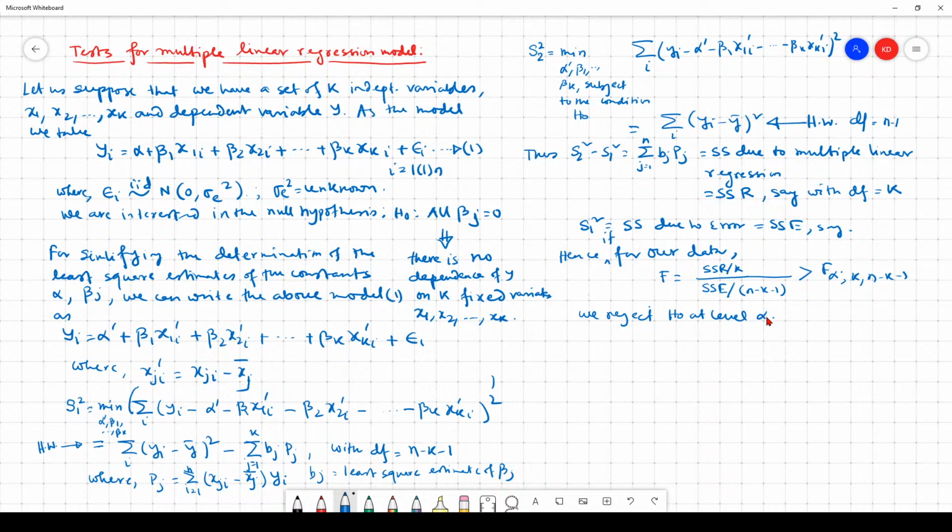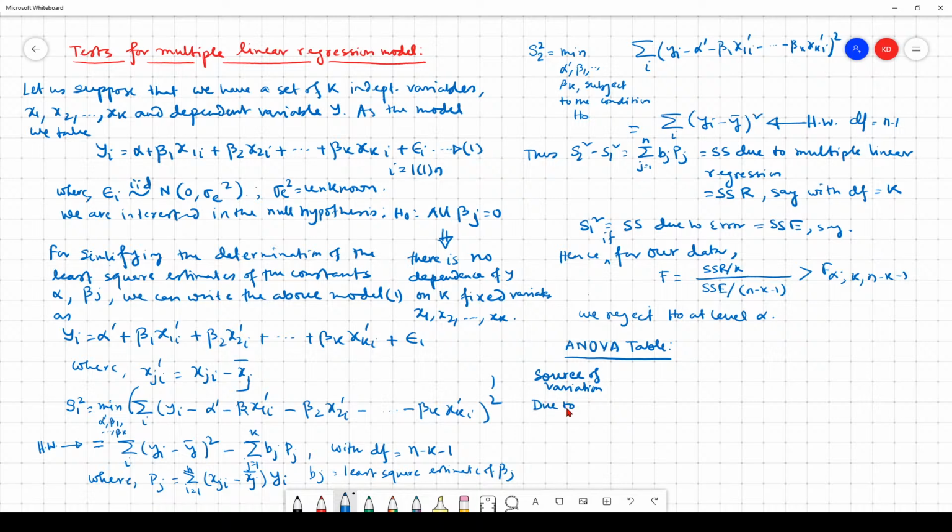And the Anova table: the first column is source of variation.